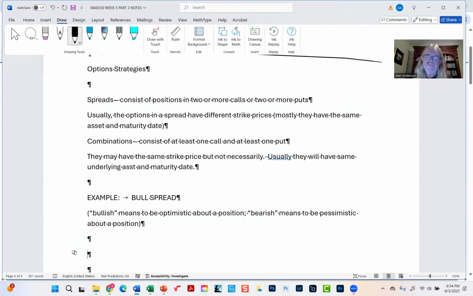So notice this is the reason why it's called this. Now, a bull spread is constructed by buying a call. Oh, I almost forgot to mention this.